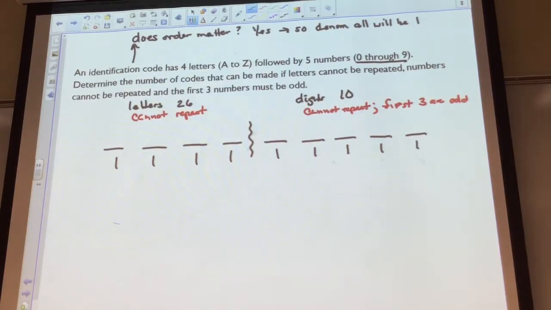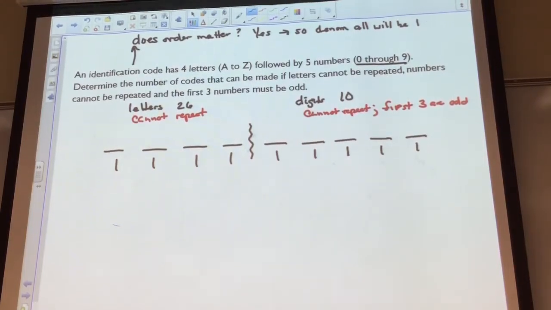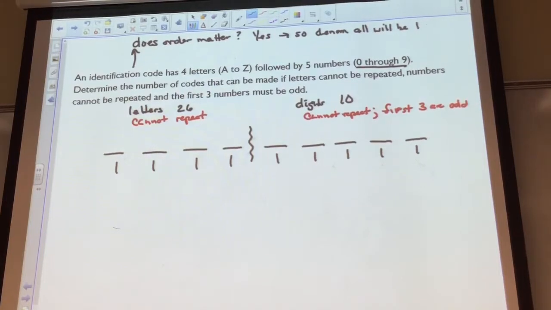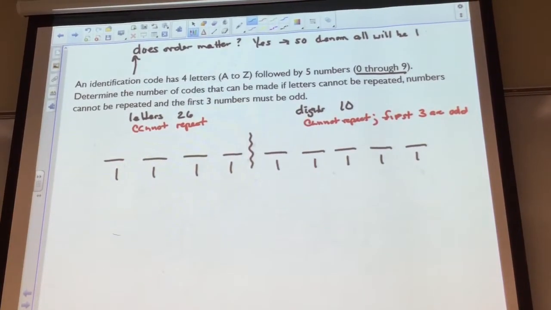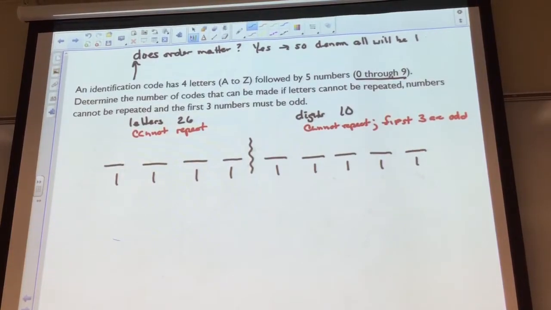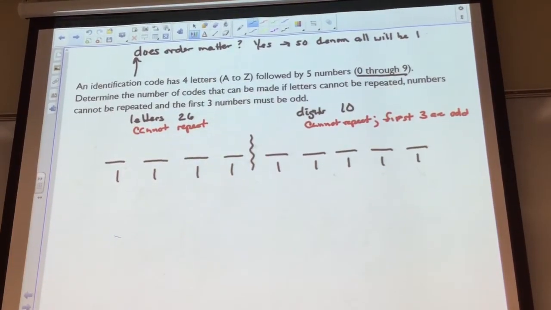When order doesn't matter, then the denominators are going to change and decrease as you go down the line of the problem. So those are one of the inbred questions that you have to remember to ask yourself.